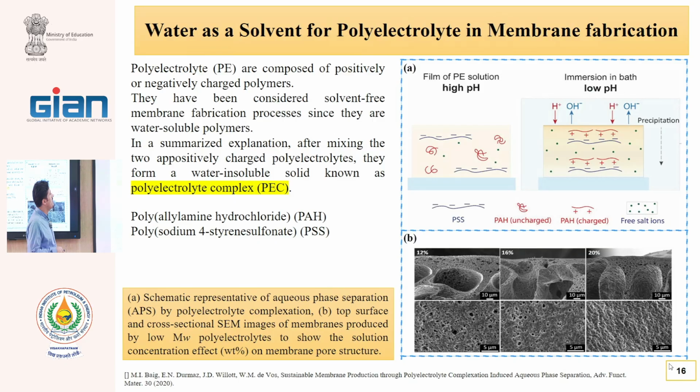With change of the pH, you see here, we want to prepare membranes from water-soluble polymers. Polyelectrolytes are soluble in water. Okay? For fabricating membranes from polyelectrolytes, we mix two polymers, one with negative charge and one with positive charge. Okay? We dissolve the polyelectrolytes.